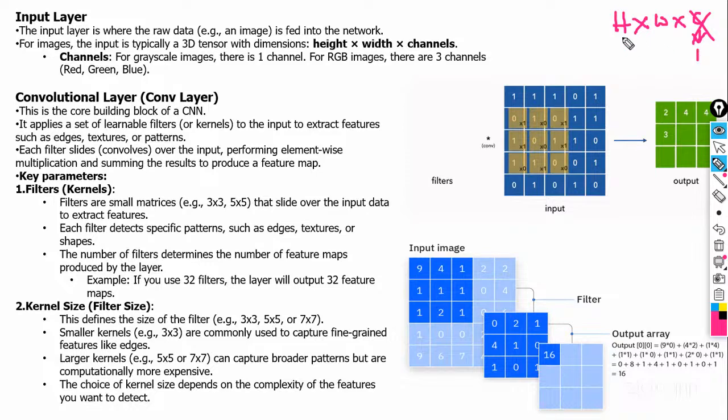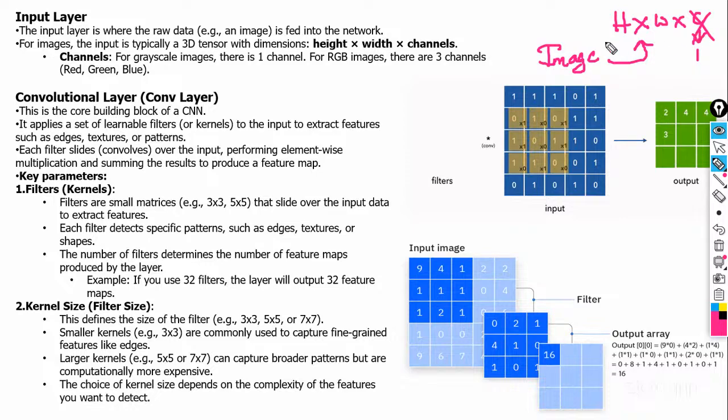So what happens in the input layer? The image that you have will be represented in the form of pixels, in a matrix or an array. If it is a matrix, obviously you'll have only rows and columns. If you are working on colored images where you have multiple channels, it becomes a three-dimensional array with height, width, and channels.